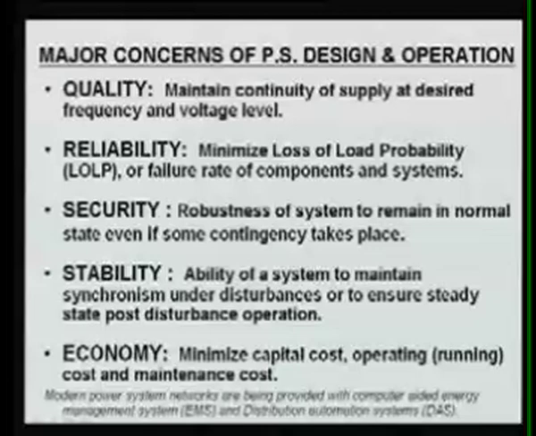Now let us come to power quality. Here, as I said, power quality means continuity of supply at the desired frequency and voltage level. In terms of frequency variation, we always operate the frequency of the power system within plus or minus 3% of the normal rating.